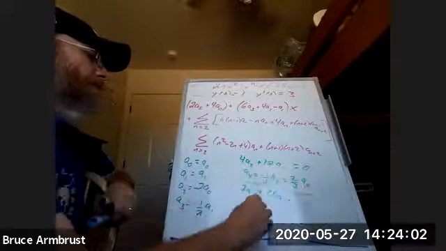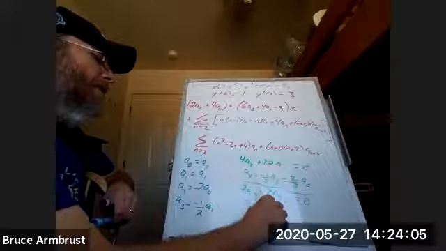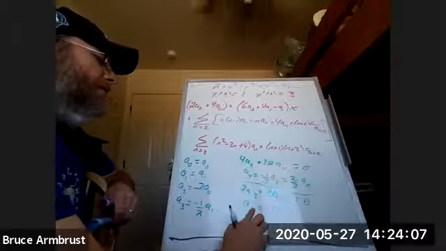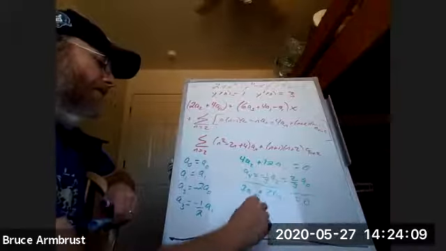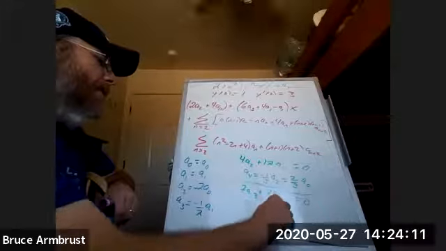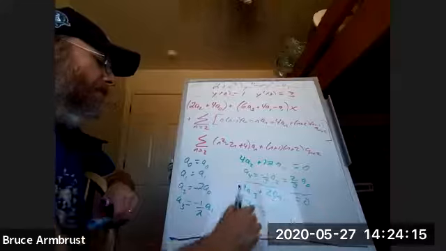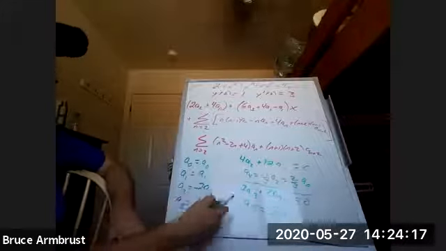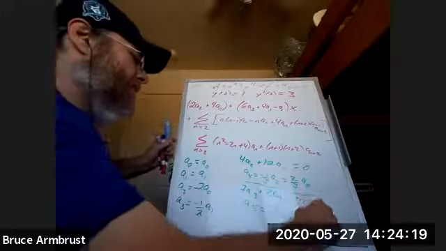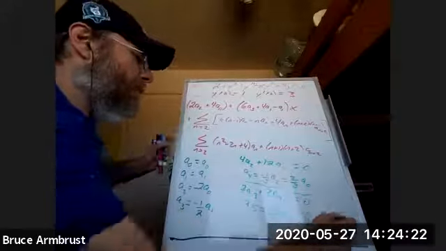I know that's got to equal 0. So A5 is minus 7/20 A3. Well, A3 was minus 1/2 A1, so this is 7/40 A1.